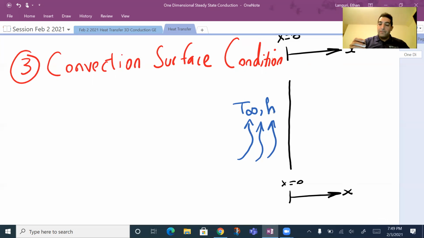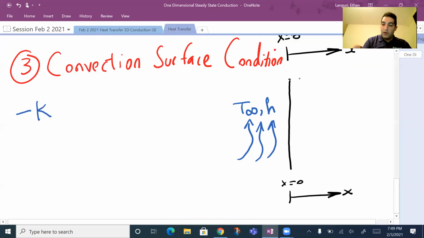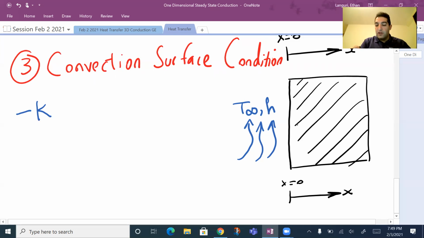So in this case, we can simply say the amount of heat coming to the wall by conduction. By the way, let me show my wall more clearly. This is my wall, which is a solid wall. Again, the only mode of heat transfer I have inside is conduction, which I modeled through Fourier's law, right?